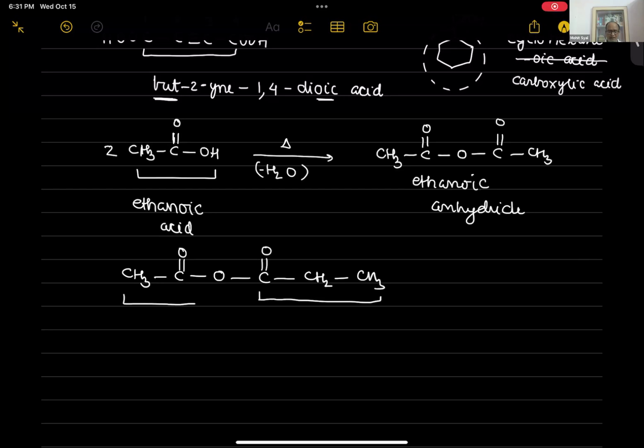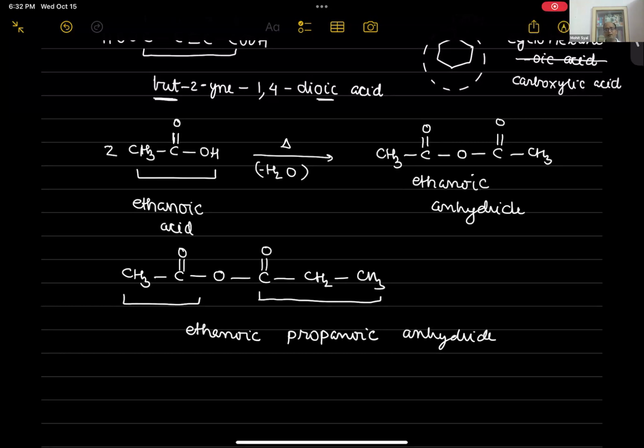Earlier it used to be acid when they were separate. And this was ethanoic, got it? So I'm going to write it as ethanoic, propanoic. I will not write acid, okay, just oic, and instead of acid I will write anhydride. Got it?